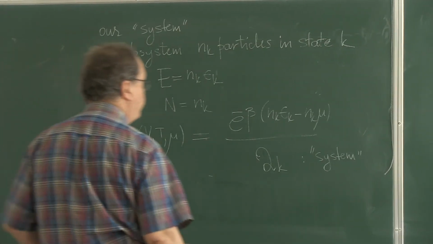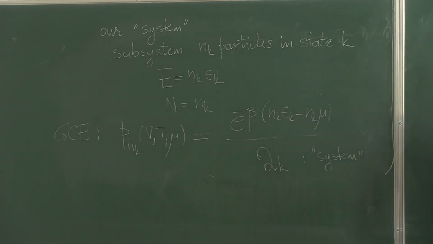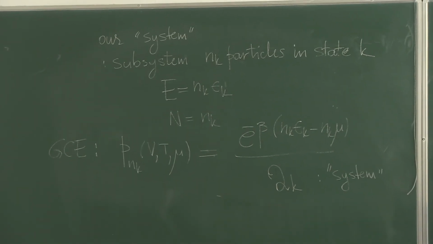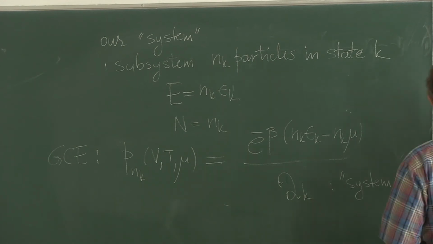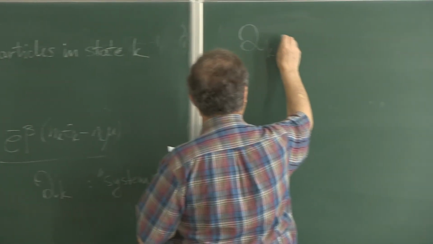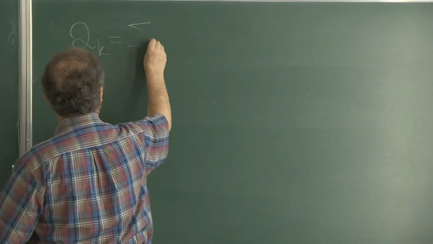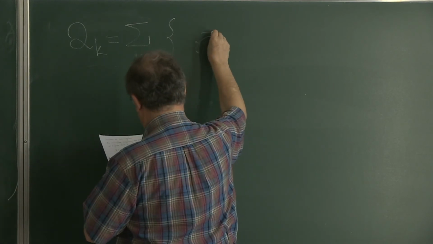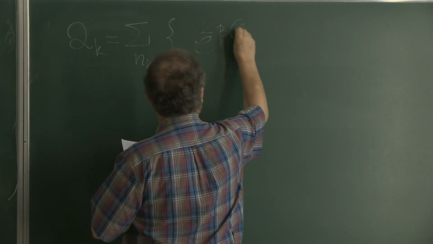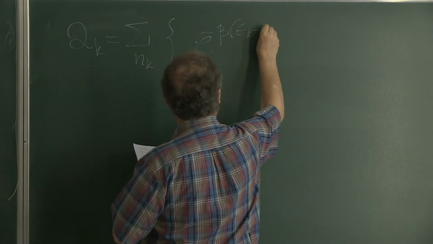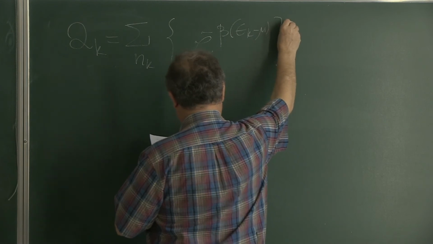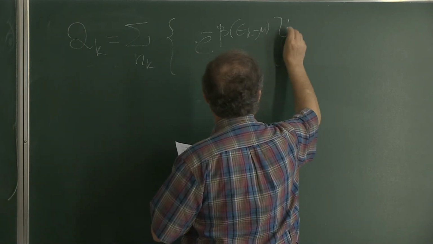Now let's concentrate on this system and write the grand canonical partition function for that specific state, which is the sum over n_k of e to the minus beta (ε_k minus mu) times n_k, isn't it?